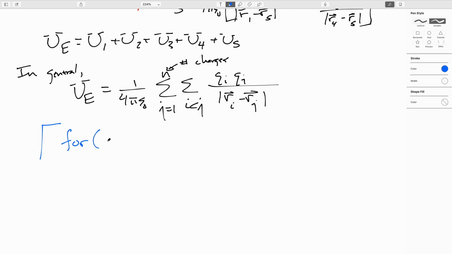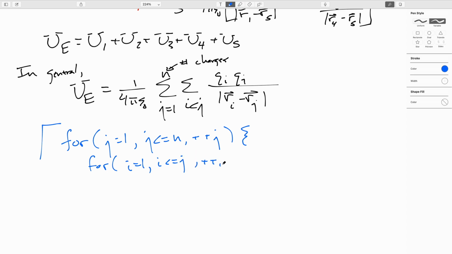You would write something like for j equals 1, j less than or equal to n, plus plus j. For i equals 1, i less than or equal to j, plus plus i.